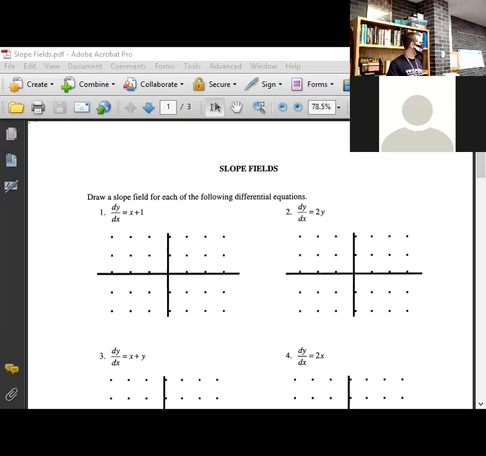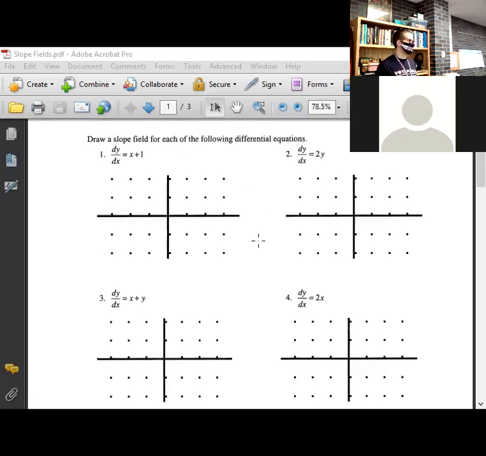I'm just a little confused as to how you plug in the coordinates for the first side in the dy/dx equation. Got it. Is there one in particular you're thinking about? Maybe the second one. Okay, you don't have to draw, just talk through it. Okay, so for number 2, dy/dx equals 2y.